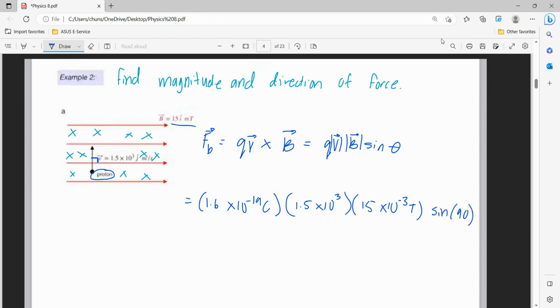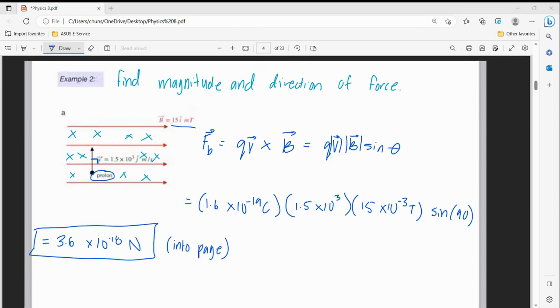And sine 90 is just equal to 1. So when we plug in these values, this is going to give us 3.6 times 10 to the negative 18 newtons, and that's into the page, is our direction.